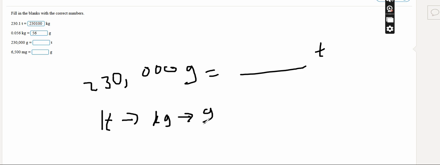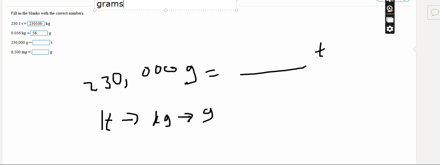So for example, 1 ton equals 1,000 kilograms, as we said previously in part A, and 1,000 kilograms equals 1,000,000 grams. So what do we understand from here? That eventually 230,000 grams equals some tons.